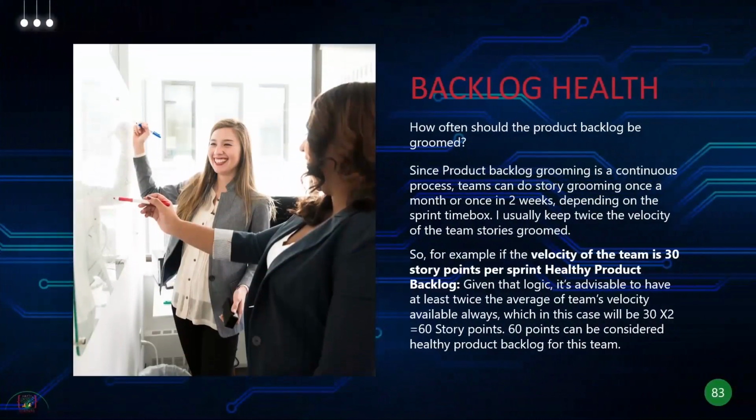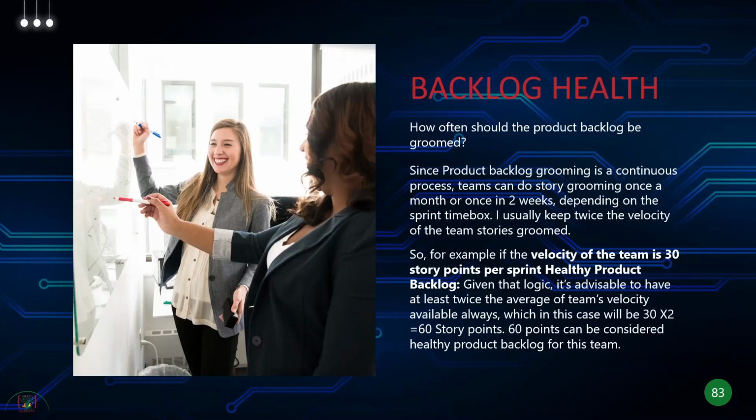Moving on, what is backlog health? How often should the product backlog be groomed? We already saw the product backlog grooming is a continuous process, right? The teams can do story grooming once a month or maybe once in 2 weeks, whenever the sprint is about to start, depending on your sprint time box. Usually what I like to do as a Scrum Master is keep twice the velocity of the team's stories groomed.